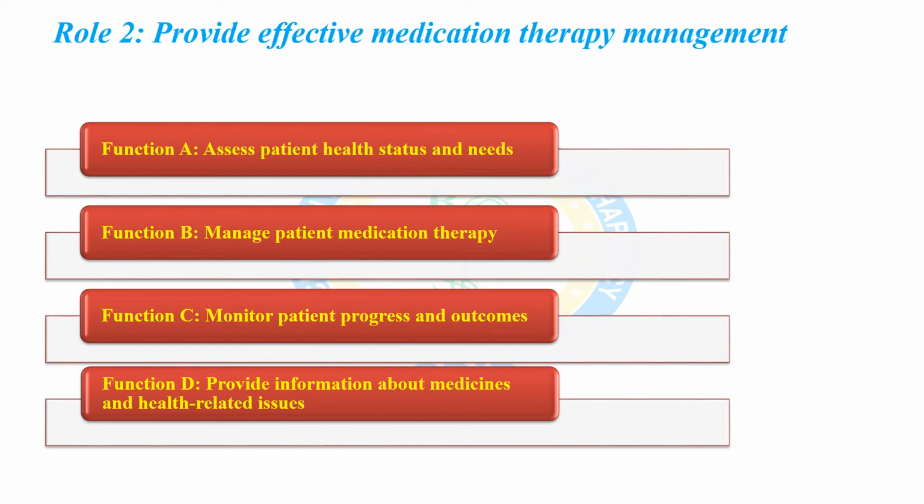Second role under the GPP is provide effective medication therapy management. There are some functions according to that. First is assess patient health status and needs, then manage patient medication therapy, then monitor patient progress and outcomes, and provide information about medicines and health related issues.